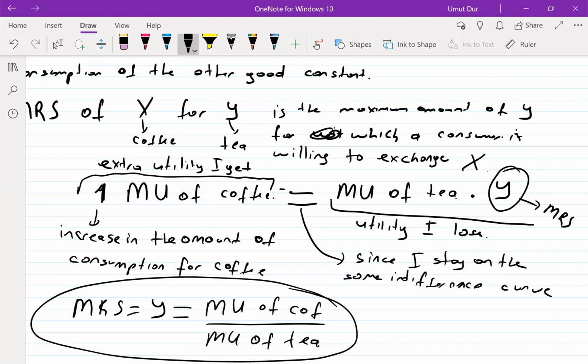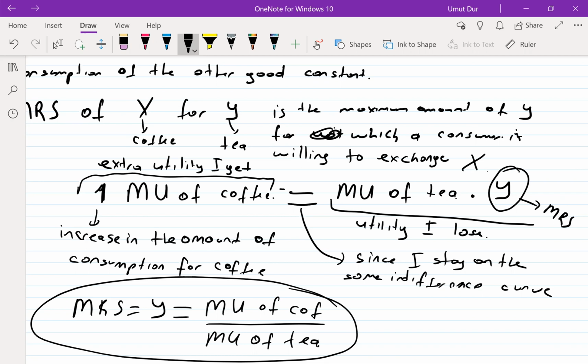I don't want to lose anything. So that is the maximum amount. You would like to get an extra cup of coffee without giving up anything. But here the question is, what is the maximum amount of tea that you would like to give up?